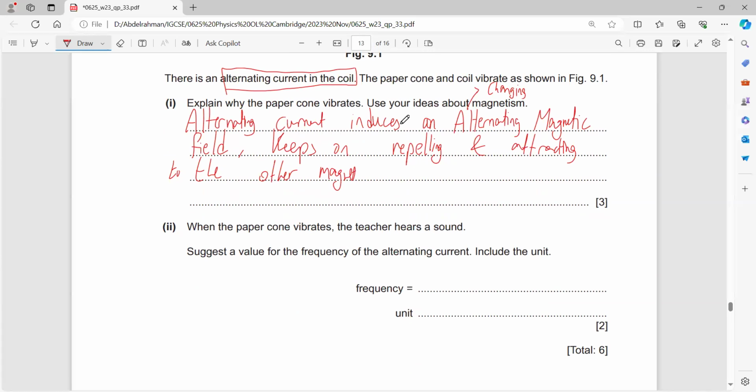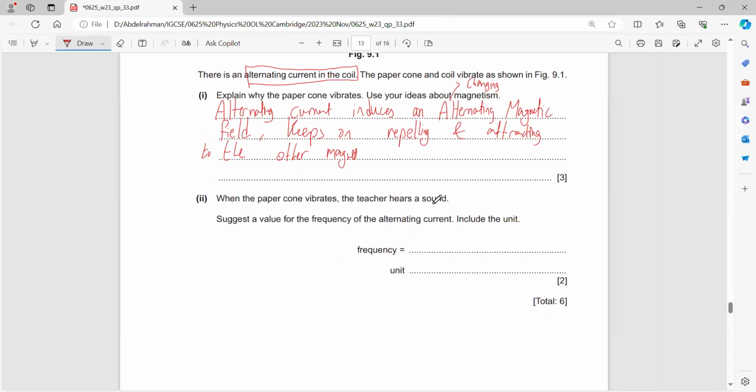When the paper cone vibrates, the teacher hears a sound. Suggest a value for the frequency. Whatever number you can think of, but it has to be within the range of 20 to 20,000 hertz. Okay, 100, 1,000, 10,000, 50, 5,000, whatever.